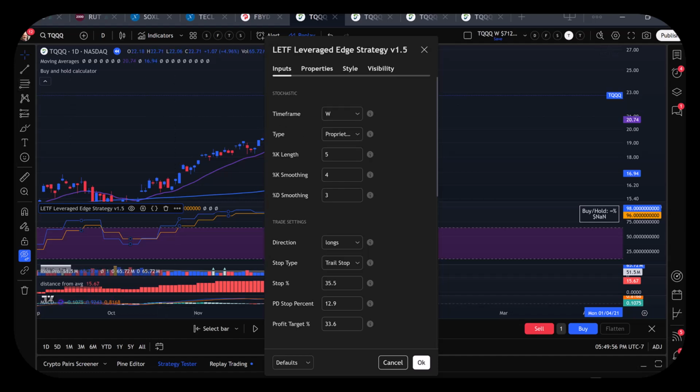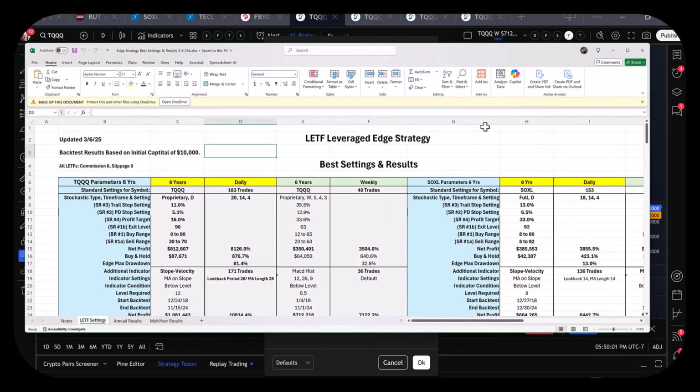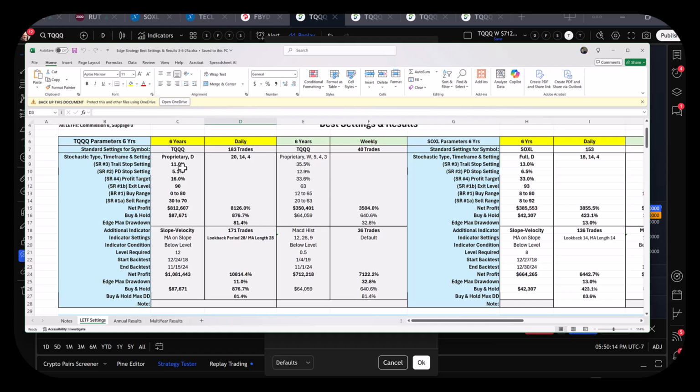All of these settings come from a spreadsheet that we generate called Best Settings and Results. In this particular case, I'm showing a 6-year period of backtesting and settings for that. Now, here are the settings for the daily in yellow headings here, and weekly here in sort of a greenish color. But these two columns here are all for the daily.